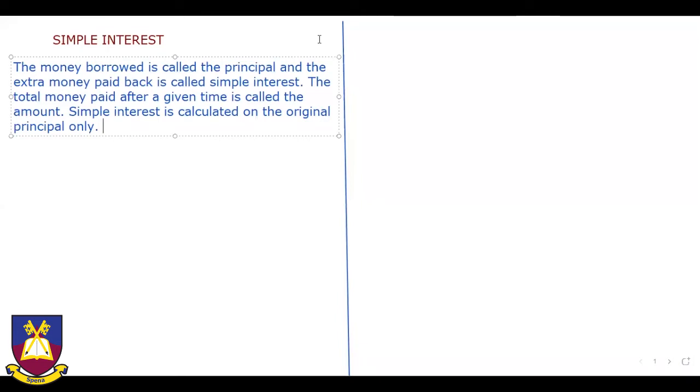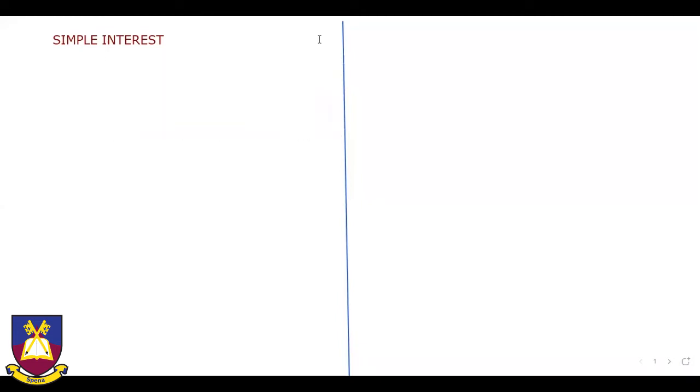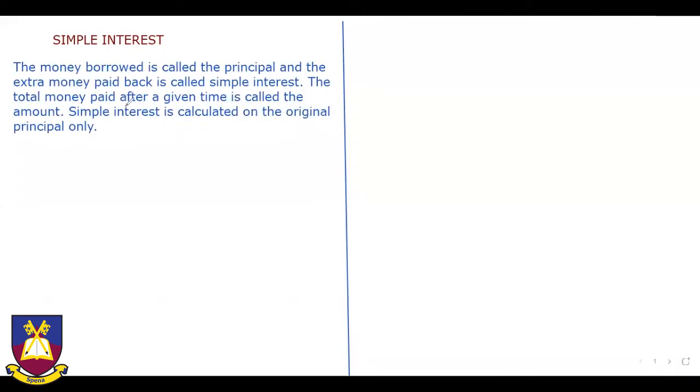In this lesson, we're going to look at the concept of simple interest. Simple interest, or interest in general, in simple terms, is that extra money that is paid on top of the money that was borrowed.